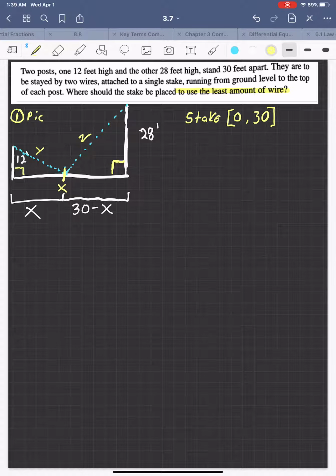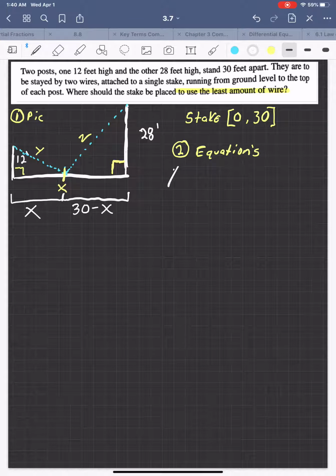And now part two, or step two, is where you try to find equations that relate these variables. Well, let's start with the primary. Let's start with the thing that you want to optimize. Ready?